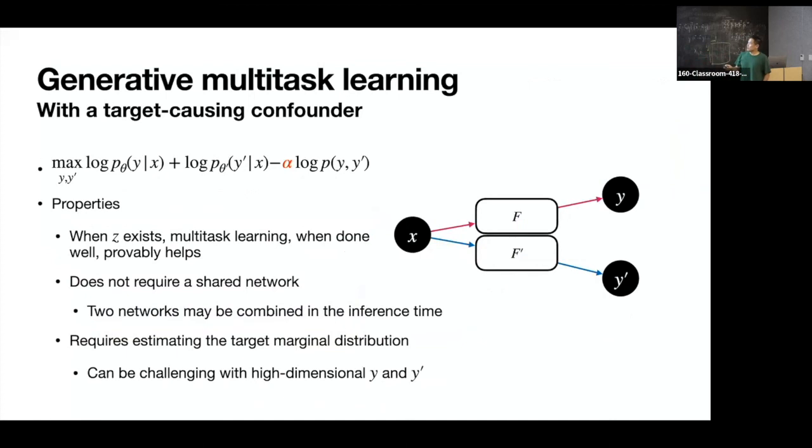We train F and F prime to compute these two terms. Then all we need is another generative or density estimation model that models the relationship between Y and Y prime independent of X. By combining these three terms and doing the joint optimization of Y and Y prime, we suddenly get a multitask learner that should work, regardless of how complicated the neural net in the middle is.